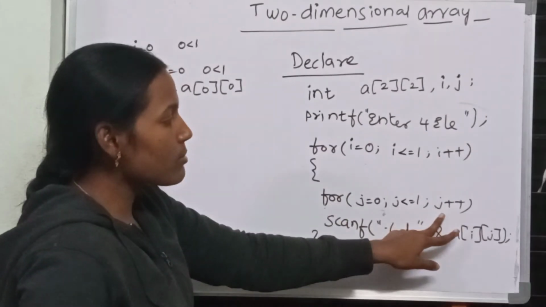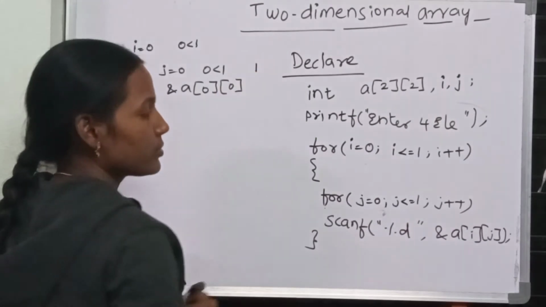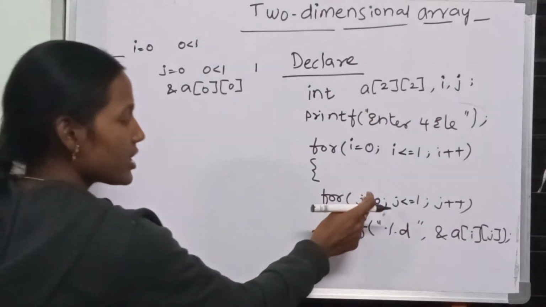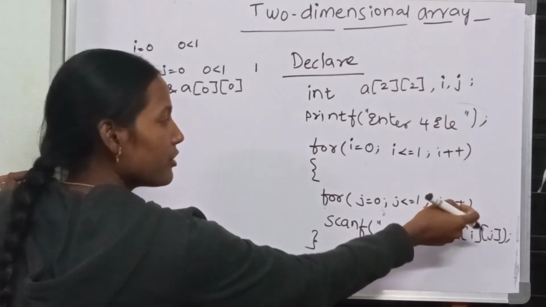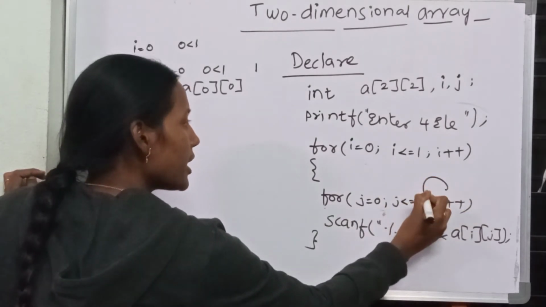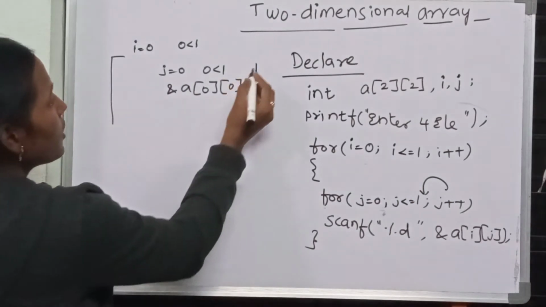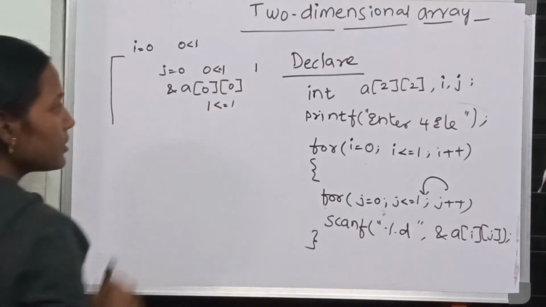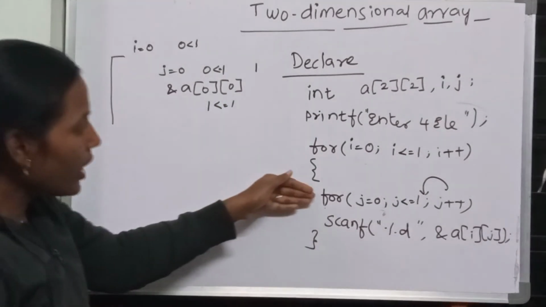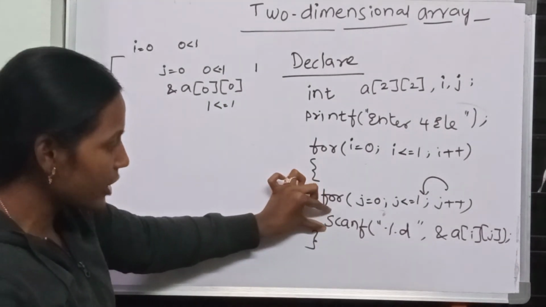Next, j value becomes what? 1. So that is a for loop: first initialization, condition, block of statements, then updation. If true, this part is executed again. Now, 1 is less than or equal to 1. Again the condition is true, so this block of statements is to be executed.